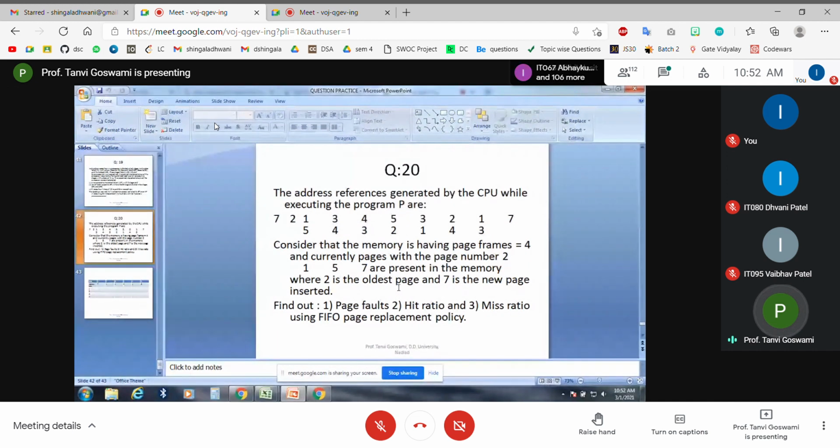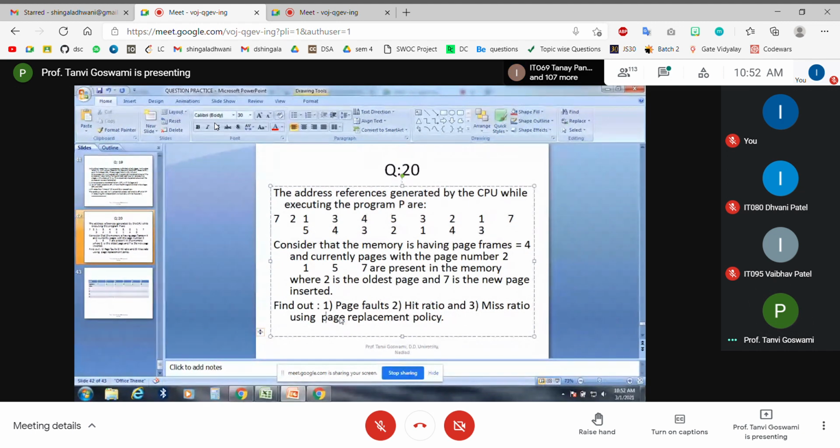The address references generated by the CPU executing the program P are these. Consider a memory with 4 page frames, and currently pages 2, 1, 5, 7 are in the memory, where 2 is the oldest page and 7 is the newest page inserted. Find out page faults, hit ratio and miss ratio using the optimal page replacement algorithm.